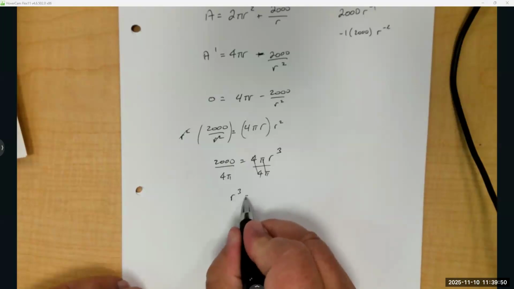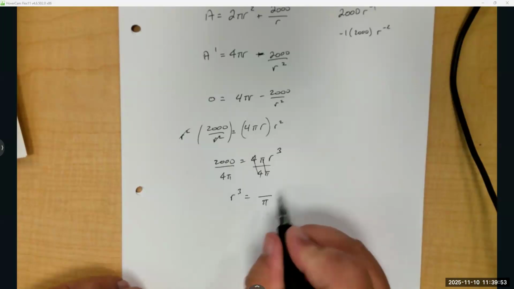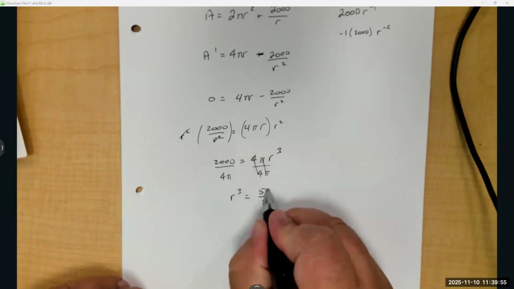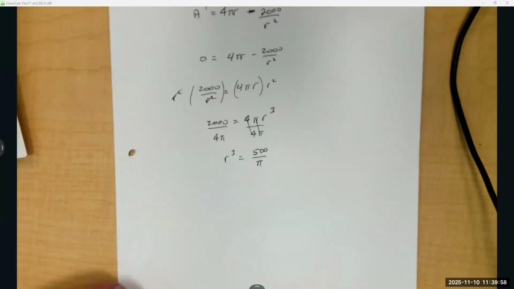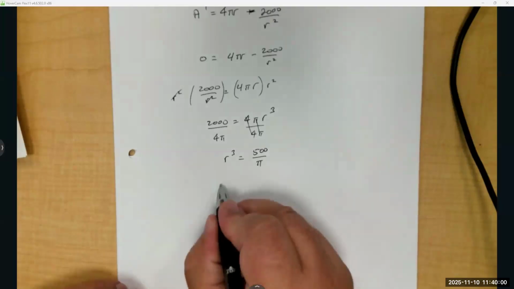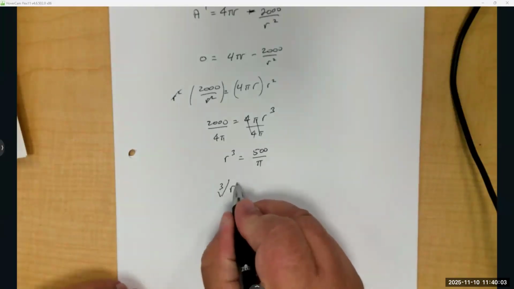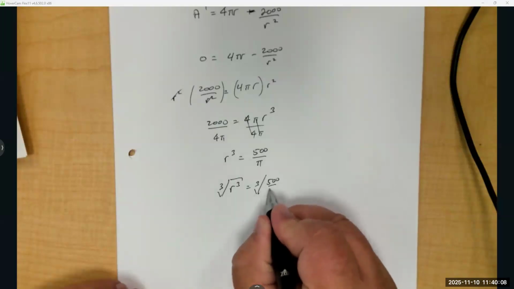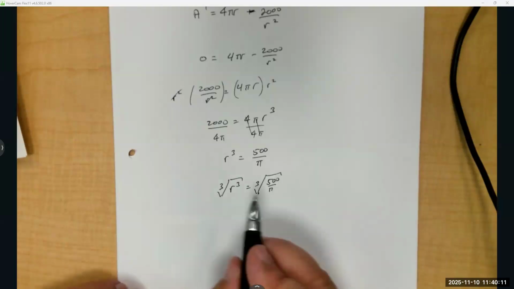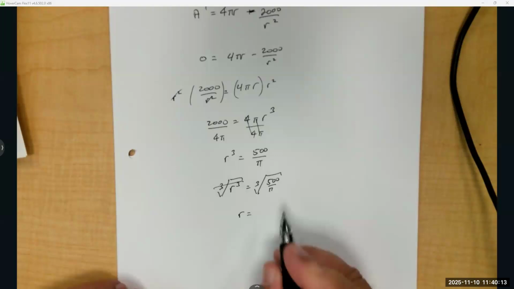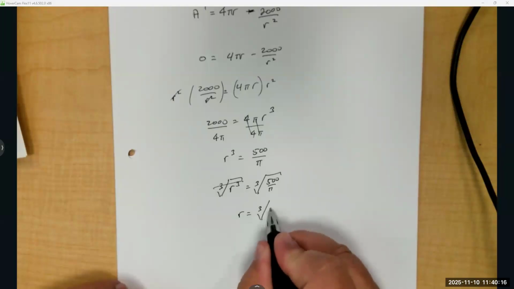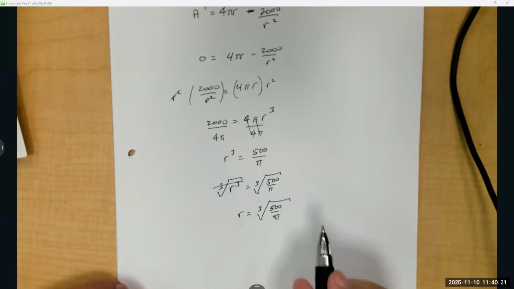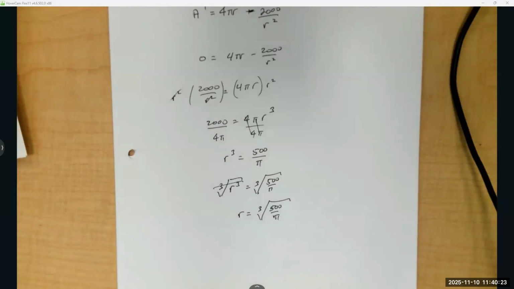So r cubed is equal to 500. Take the cube root of both sides. So the minimum will happen when r is that, whatever that value is.